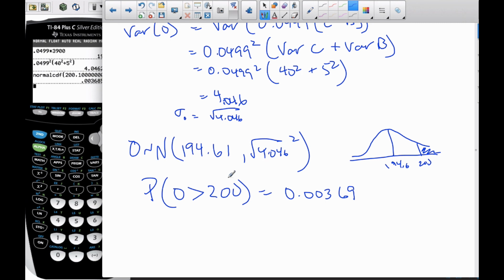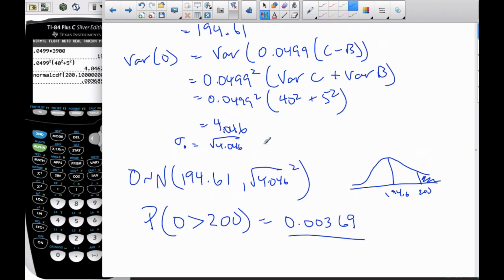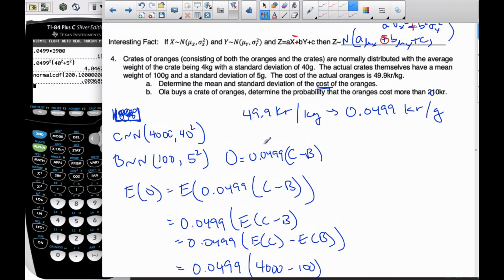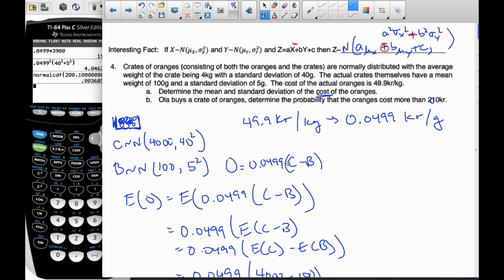And so the probability of costing more than 200 crowns is quite low indeed. So we use our random variable algebra to determine the new mean and variance, and we use that then to determine the probability of oranges costing more than a certain value.